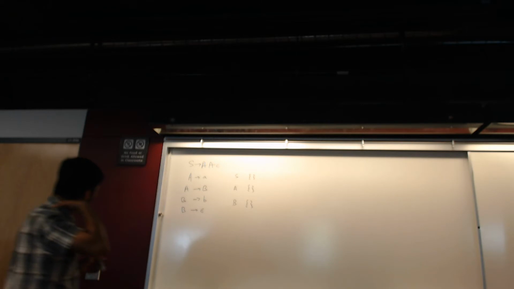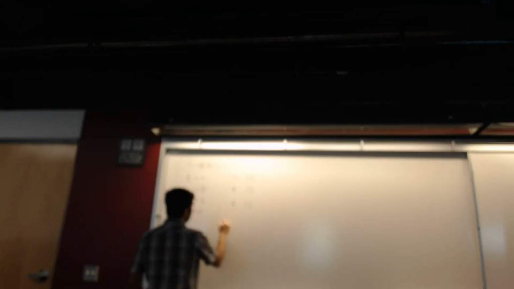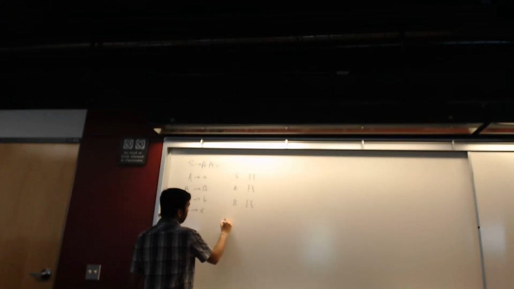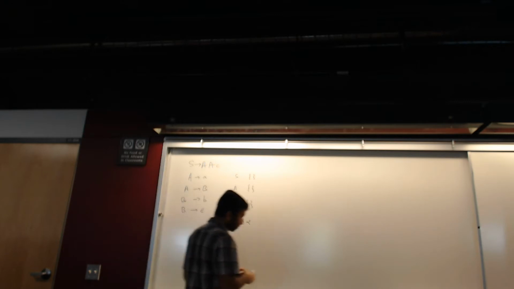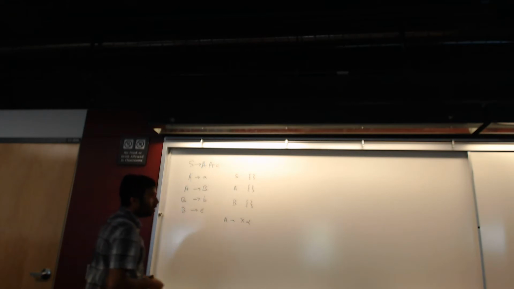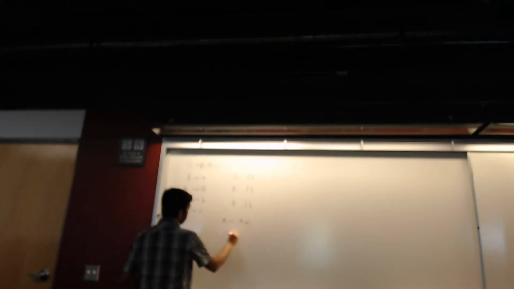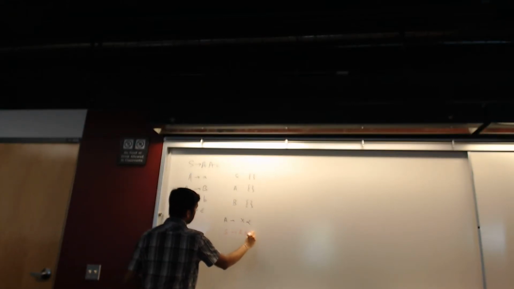We are applying rule 3, that A goes to X alpha, to the production rule S goes to A A C.